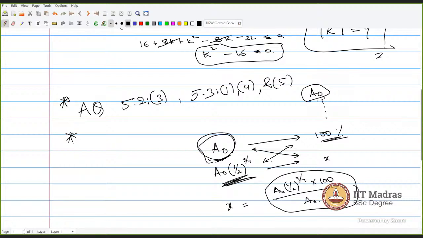Okay, sir. So if your A naught is full, that will be 100. If your concentration is decreasing, the same way the percentage of that concentration will also decrease, right? Between concentration and percentage of concentration, there is a linear relationship. Yes, I agree, sir.